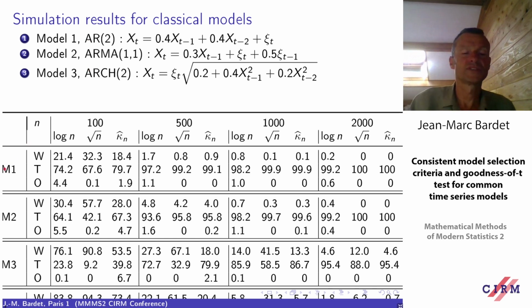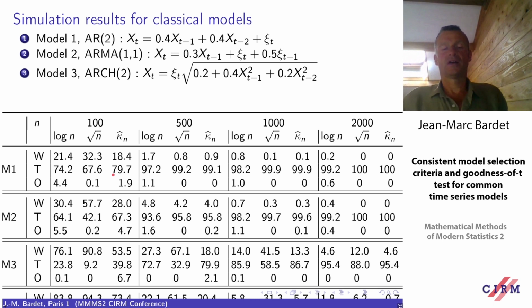For this model, we can see that for n equal to 100, T is for true. We recognize it 74% of the times when we use the BIC criterion. If we replace log n by square root of n, it will be only 67% of the times.